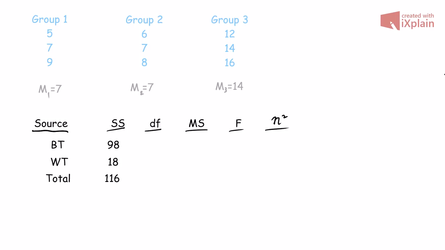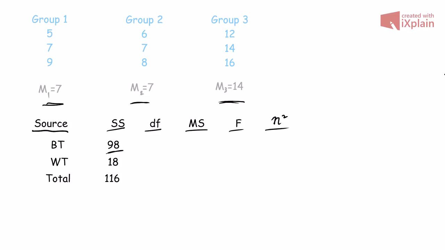Now, the size of this 98 is influenced by how different scores are within conditions, bad stuff, and it's influenced by how different these means are from each other. The more different these means are from each other, the bigger this number 98 would be.